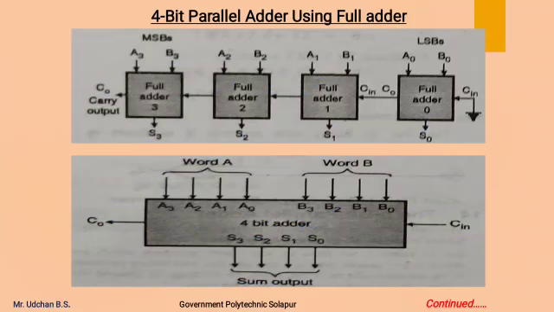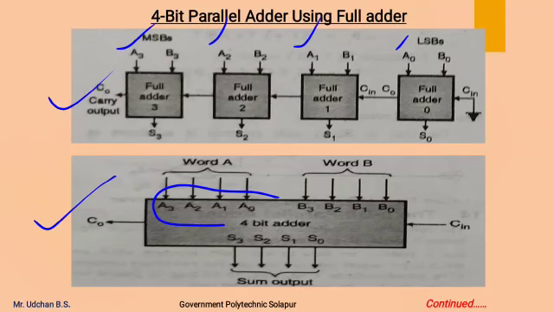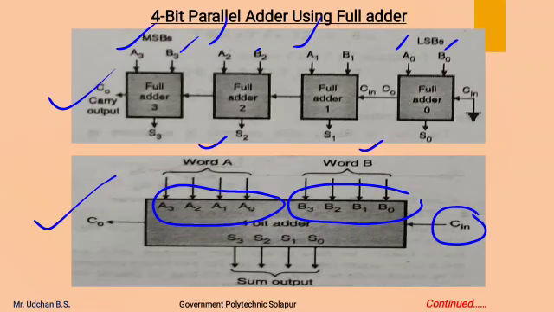Now this is the generalized diagram of this 4-bit parallel adder. The bits A0, A1, A2, A3 are represented together like this. The bits B0, B1, B2, B3 are represented together to form a word B, and this is a word A. This is the carry input of our 4-bit parallel adder.